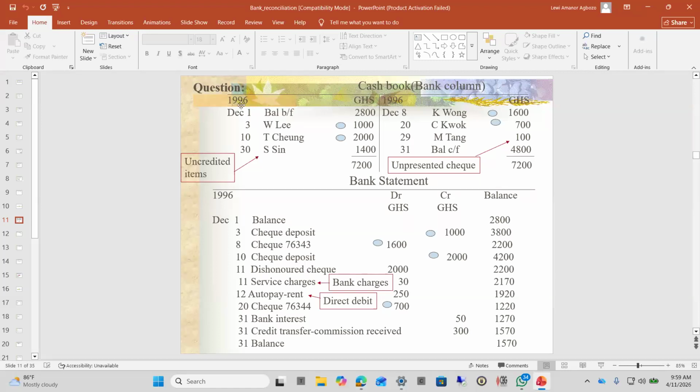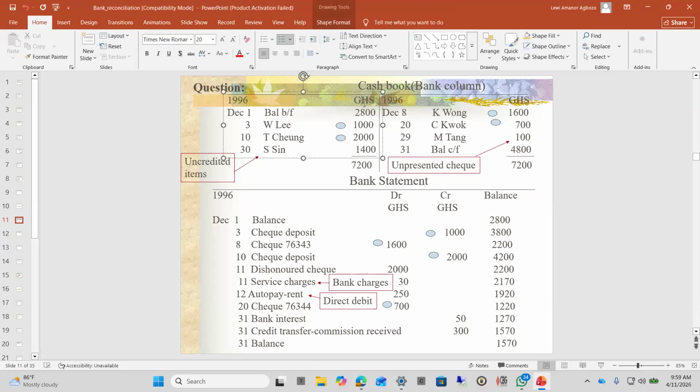This is the date, then the amounts are here for the debit side. Then you come to the credit side. This is the date, December 1996. The dates are there, then the narrations are here, and this is the amount. So let's look at it carefully.